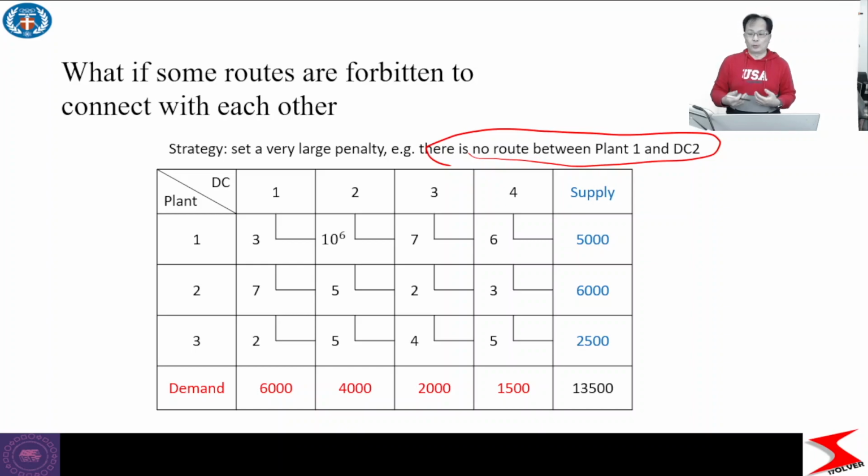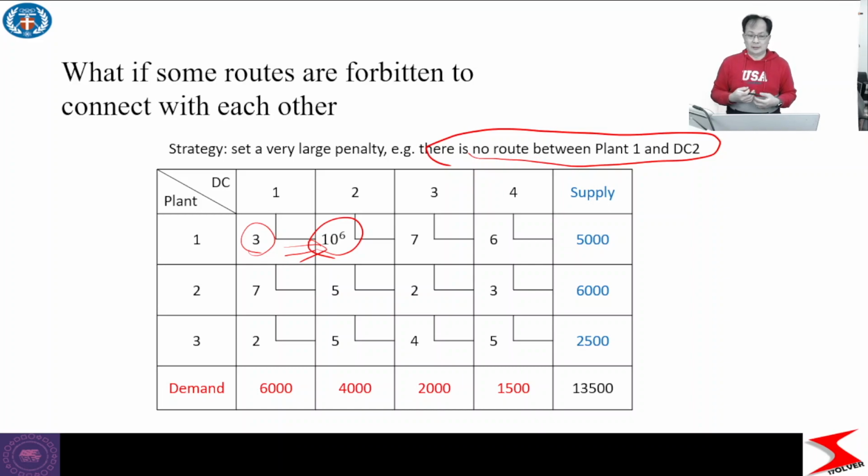A very simple one is to give a very large penalty if we choose this route. So we can change the unit cost to a very large number, like 10 power 6, and all of the other unit costs are relatively small compared to it.